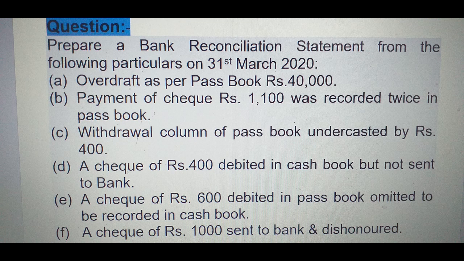Undercasted means something which is written less, and withdrawal column means payment column. D. A check of rupees 400 debited in cash book but not sent to bank. E. A check of rupees 600 debited in passbook omitted to be recorded in cash book. F. A check of rupees 1000 sent to bank and dishonored.